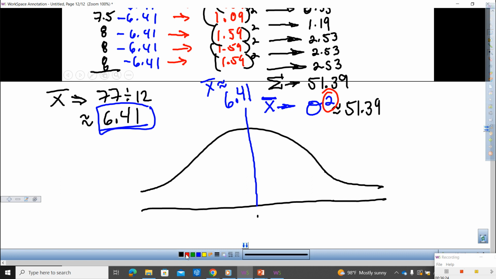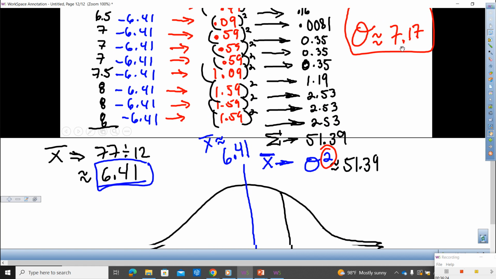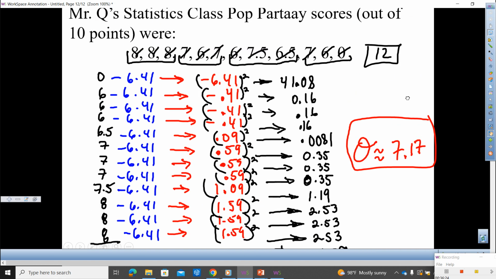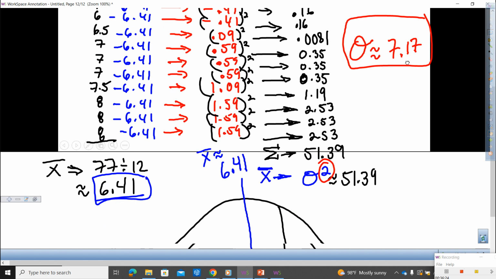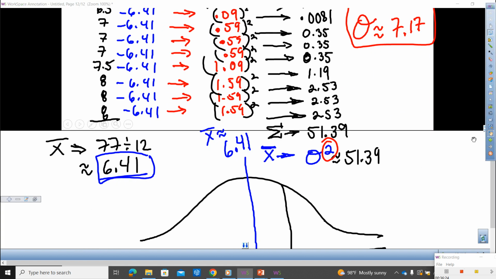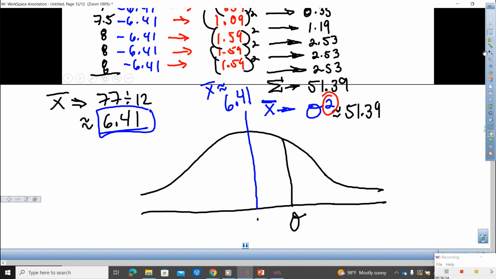So if I go one standard deviation up, what would be the score? 6.41 plus what? 7.17. Okay. 7.17 plus 6.41 is 13.58.